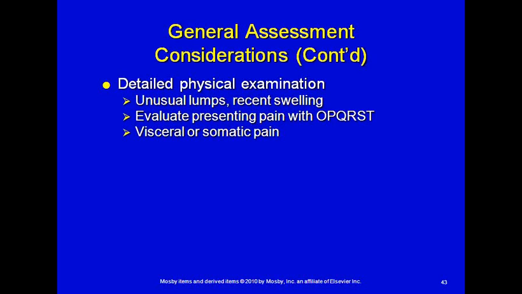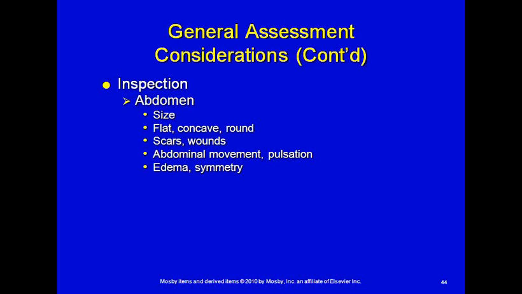Remember that somatic pain is generally localized. It's usually sharp. It's the pain you might feel when you hit your thumb with a hammer. Where visceral pain is dull, kind of a pressure, is very diffuse across wide areas. It's hard to pinpoint, because that might give you an idea of what's causing the pain as well.